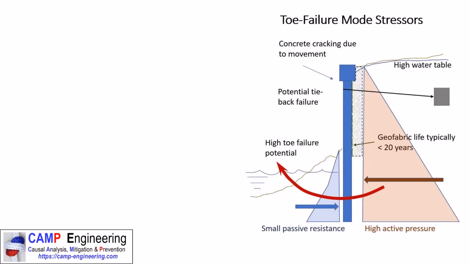In order to generate passive resistance, it is also necessary for the wall to move just a little bit towards the seaside. In doing so, obviously, there is some displacement of the soil on the land side, but that's typically not a problem. The active and passive pressure relate to the strength of the soil. For some people, this relationship between active and passive pressure is counterintuitive.